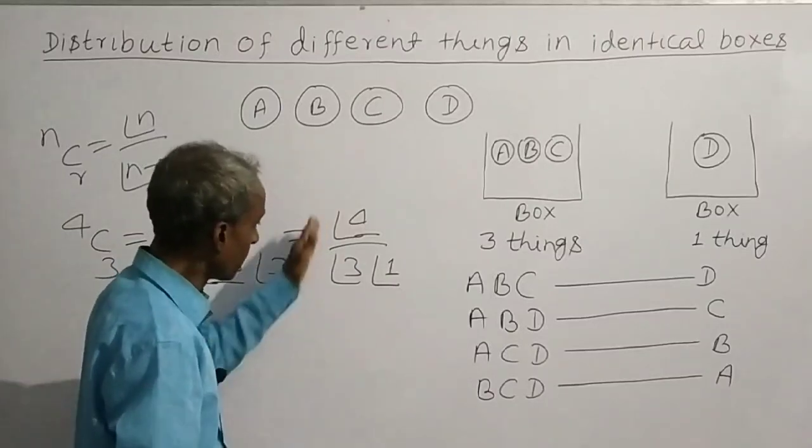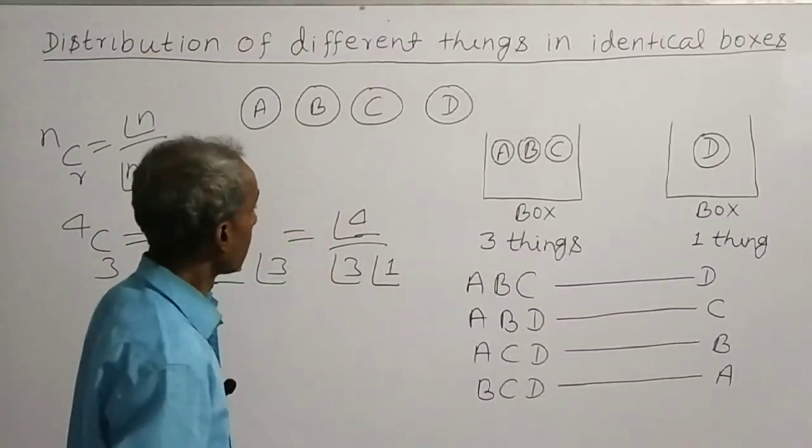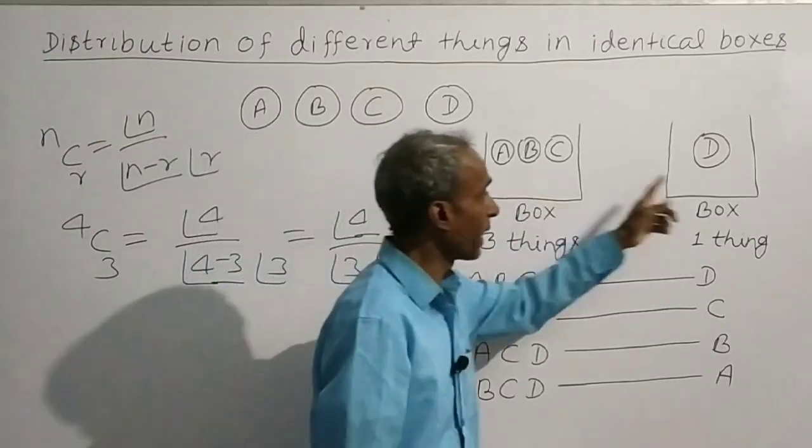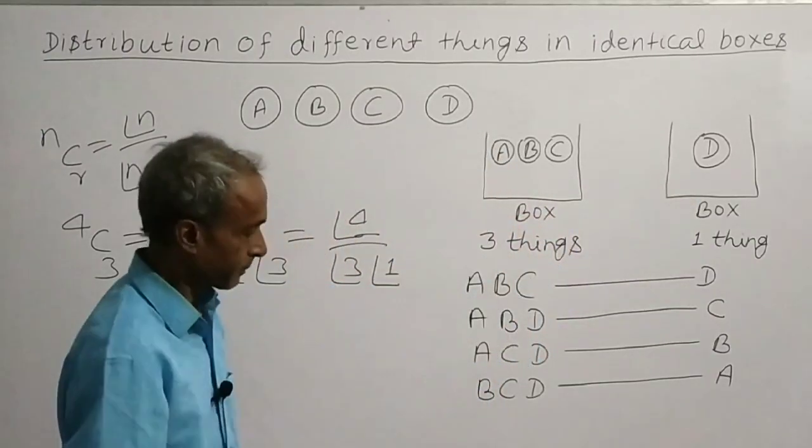This will be the number of ways of distributing these 4 different things in 2 identical boxes.